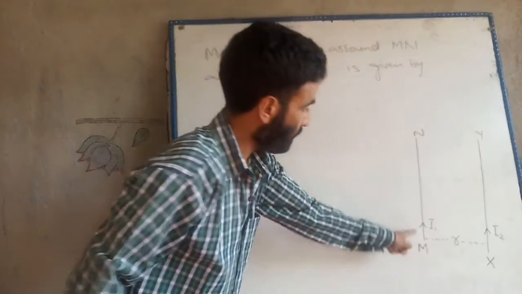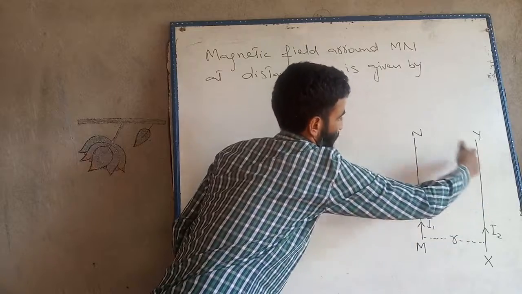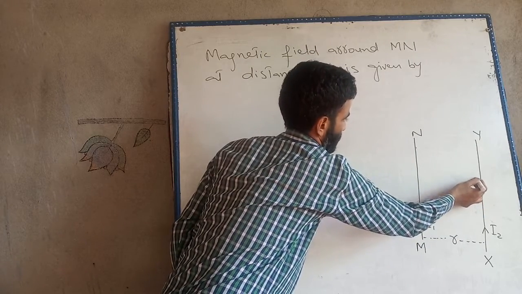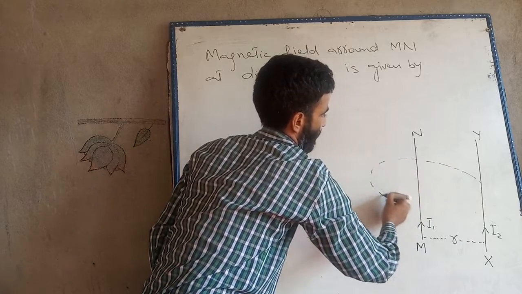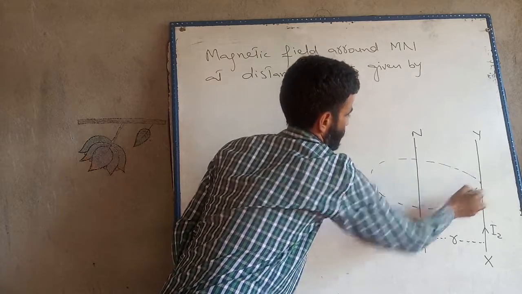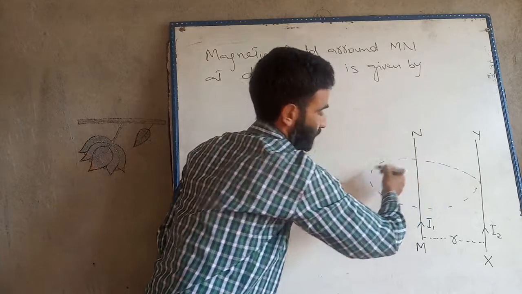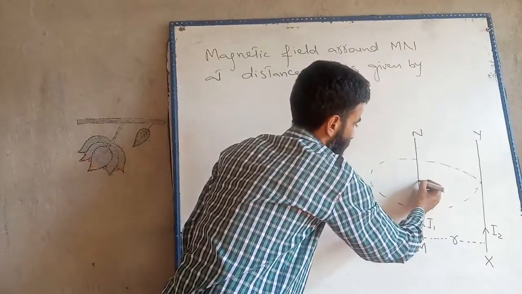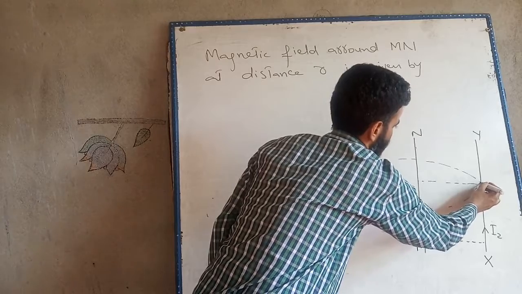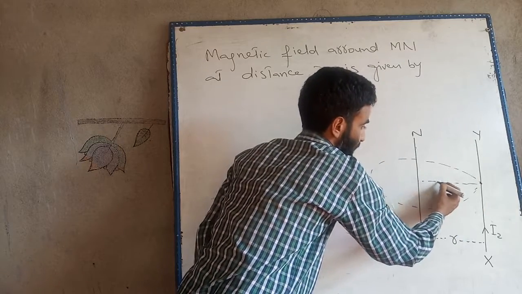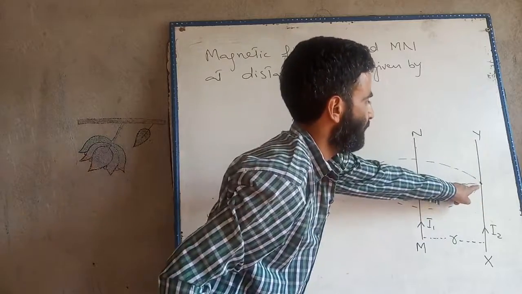This is the conductor through which the magnetic field gets developed. See the conductor, and around it is the magnetic field. Let me see this magnetic field due to this conductor over here at distance r.